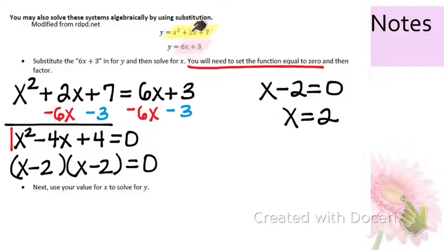They will both give you the same y value. I think the second one is a little easier, so I'm going to use the second one. So it's y equals 6 times x plus 3. X is 2. Take a moment, substitute that in, and get your y.